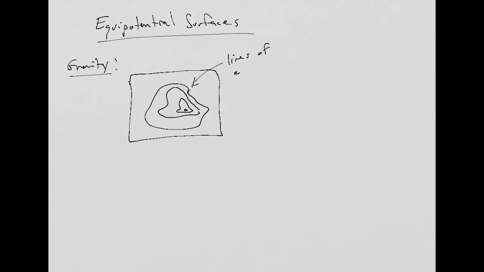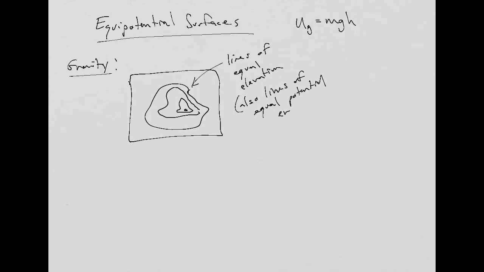Lines of equal elevation. Okay. But since gravitational potential energy just equals mgh, where h is your elevation, these are also lines of equal potential energy. Hence the term equipotential lines. Okay.